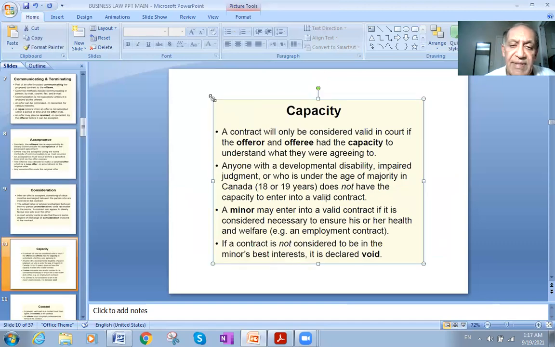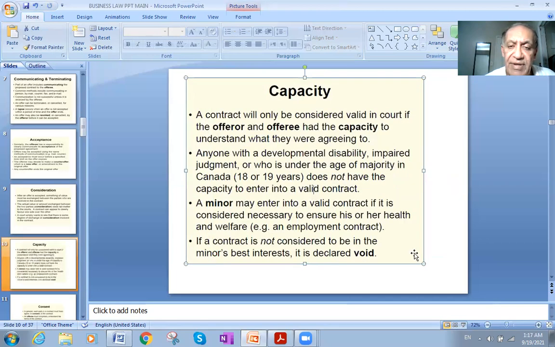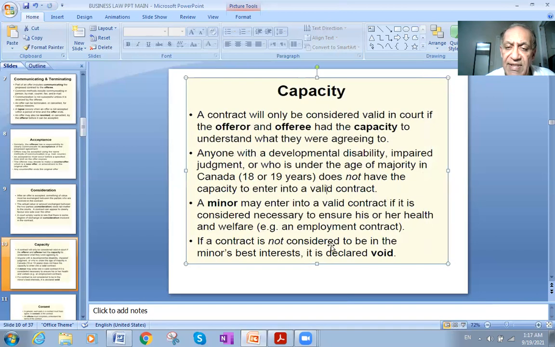So what about capacity? What do we mean by capacity, and how does capacity help us? A contract will only be considered valid in court if the offerer and the offeree had the capacity to understand what they were agreeing to. Capacity means the ability to understand.